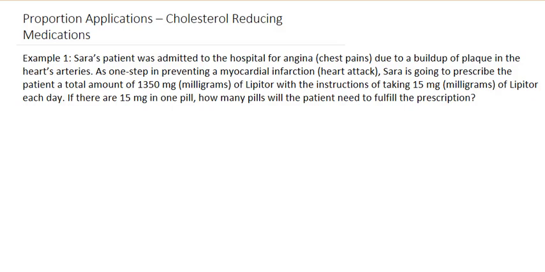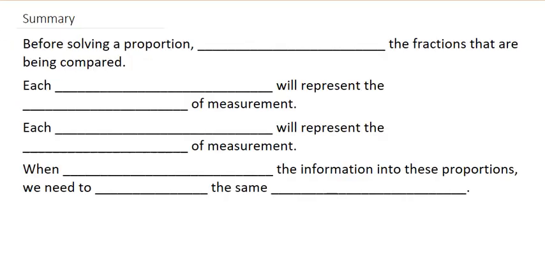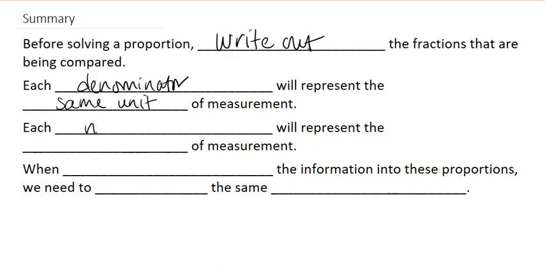So to solve this scenario, we need to set up the proportion on our own. Before solving a proportion, we need to write out the fractions that are being compared. When we write out the fractions, we need to make sure to construct them so that each denominator will represent the same unit of measurement, and each numerator will represent the same unit of measurement.